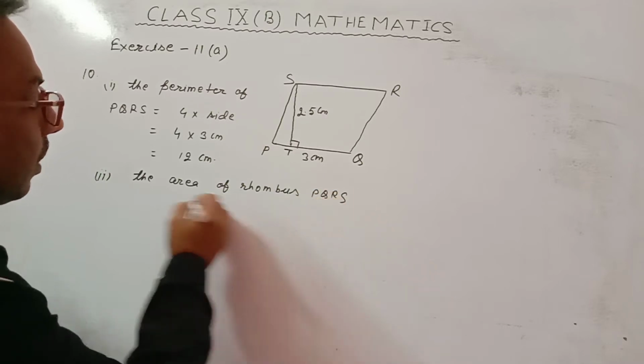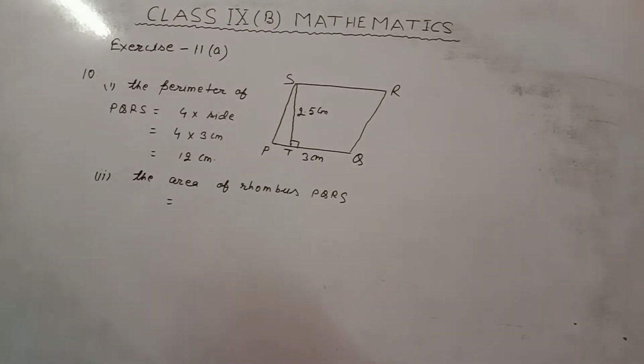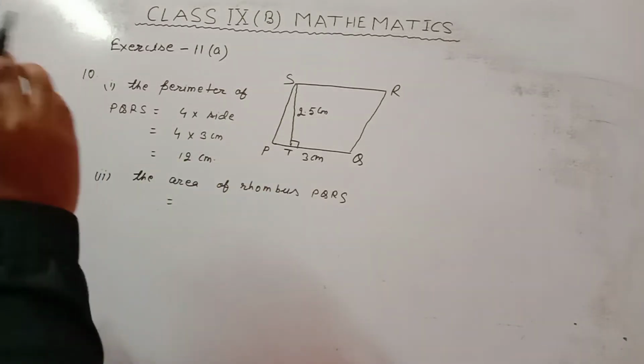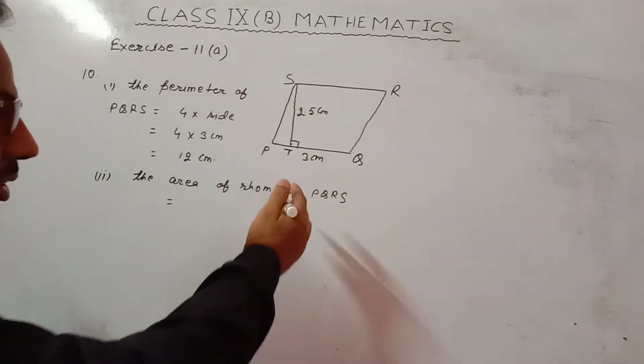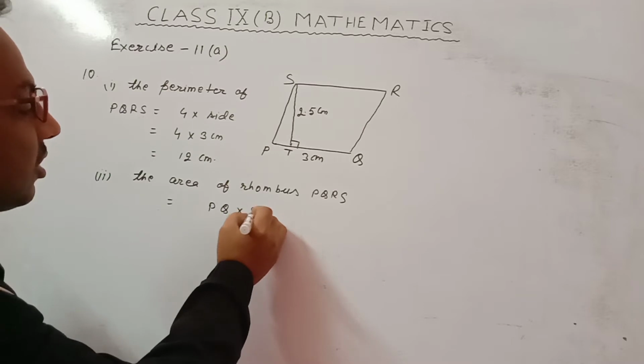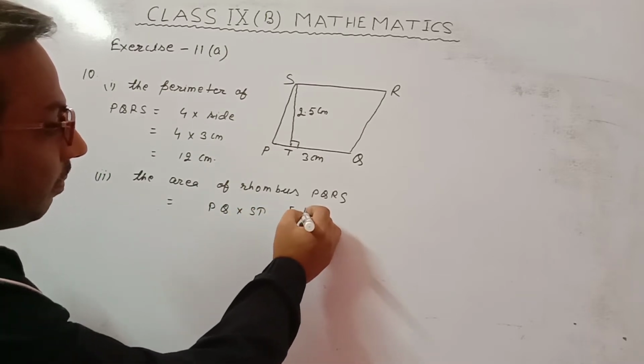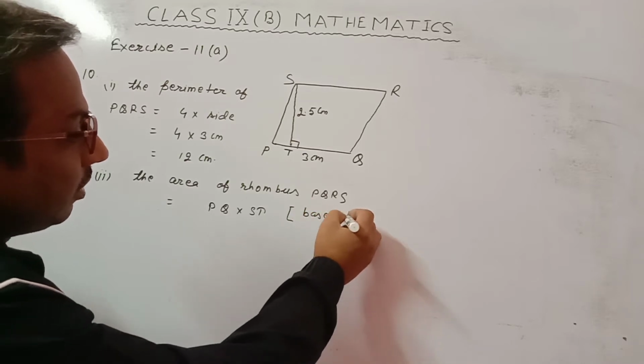PQRS is equal to base into height. As the area of parallelogram, we know base into height. Similarly, the area of rhombus also base into height, because all the properties of a parallelogram belong to rhombus. That is PQ into ST. In bracket I am writing base into height.